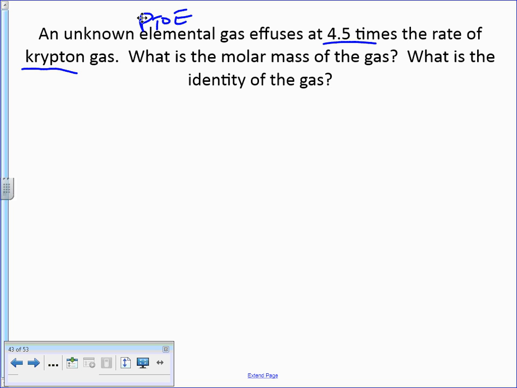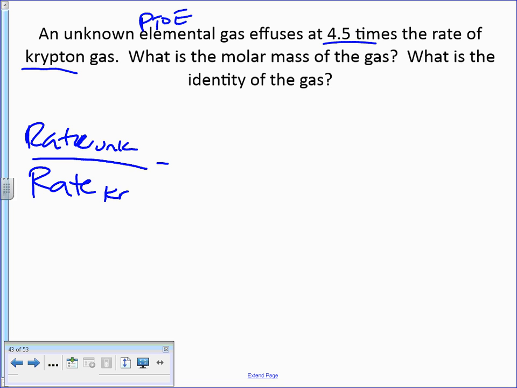Unknown gas. So is that going to be A or B? A. Okay, so rate of unknown gas over what? Rate of krypton, equals the square root of what goes on top in this fraction?